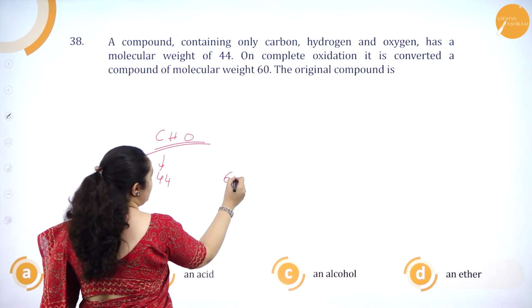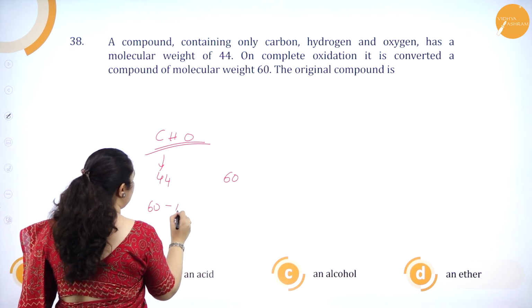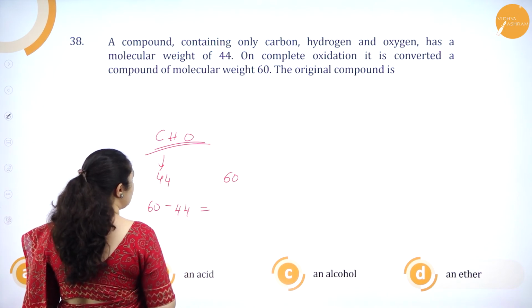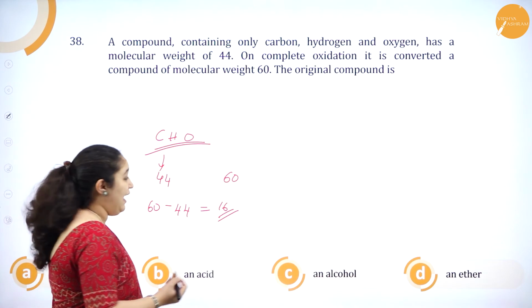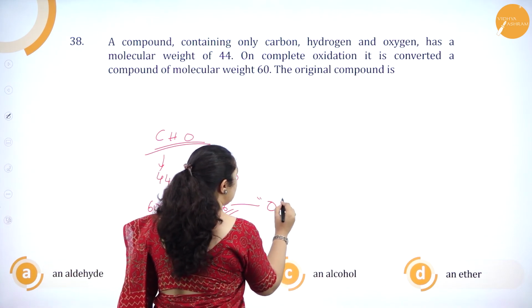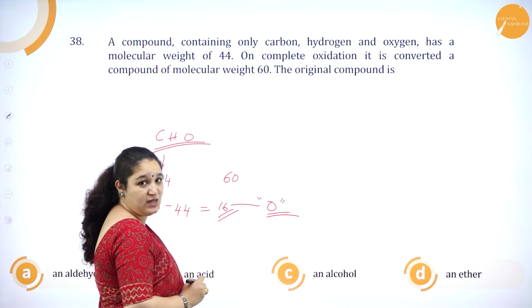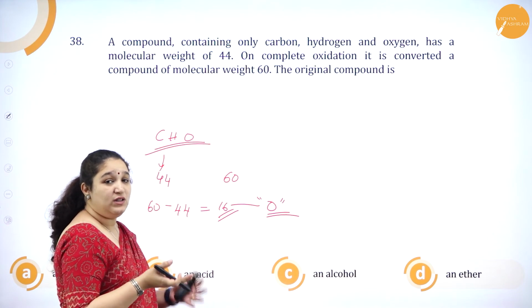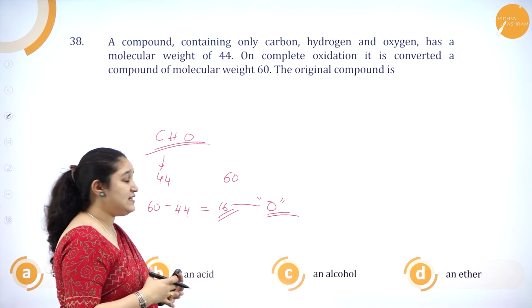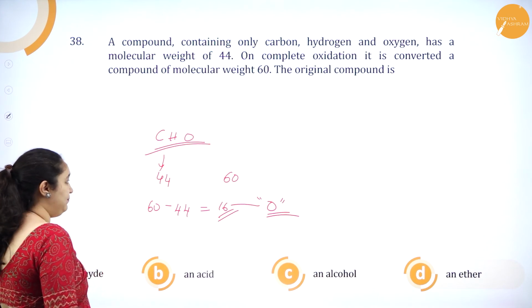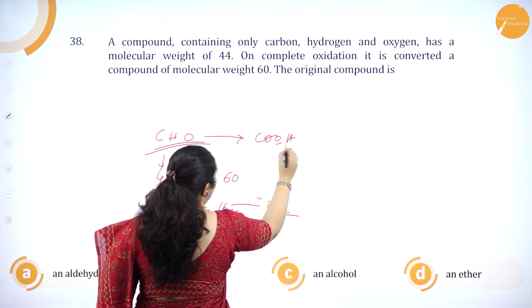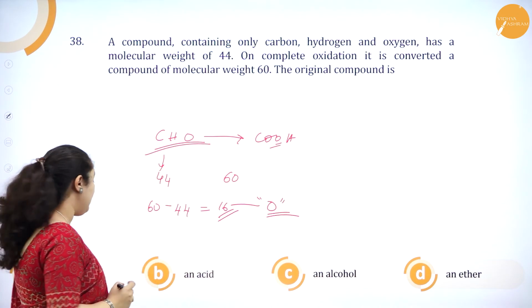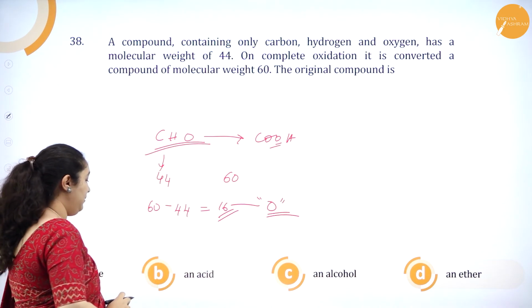On oxidation, 60. So 60 minus 44, what is the mass? It is 16. And 16 is when one oxygen is added, which happens during oxidation. So the original compound, if it is an aldehyde, aldehyde to carboxylic acid, only one oxygen is added. So it can be aldehyde, option A.